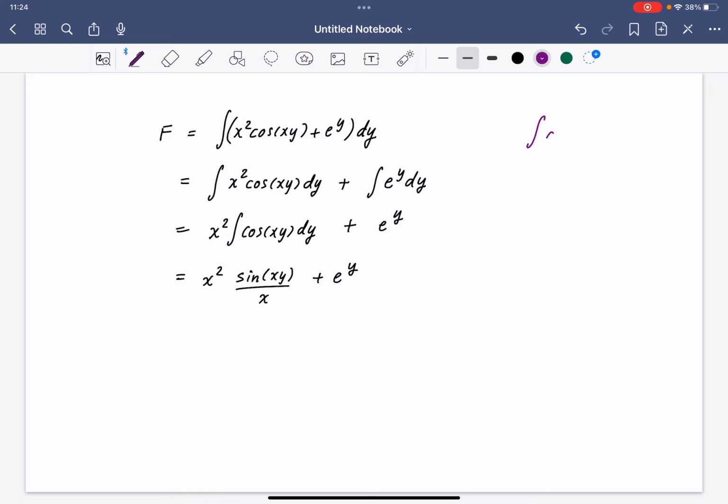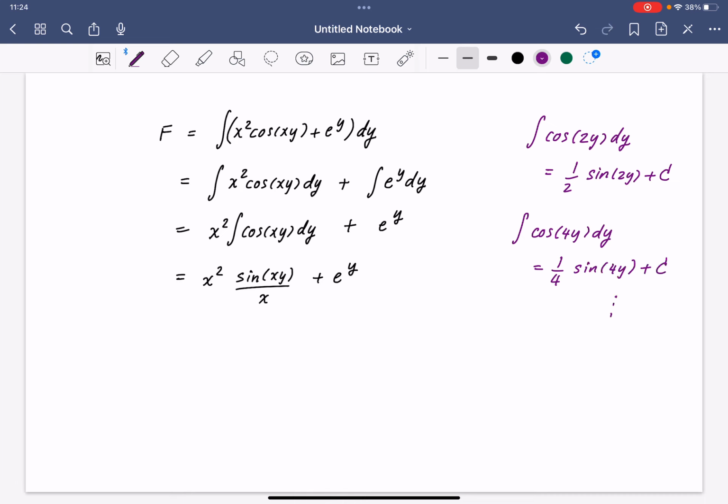When you integrate cosine 2y dy, what do you do? You use substitution, so it's going to be 1 over 2 sine 2y plus c. When you integrate cosine 4y dy, you use substitution again. It's going to be 1 over 4 sine 4y plus c.